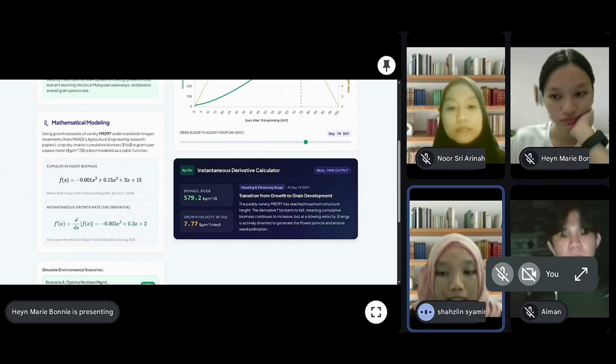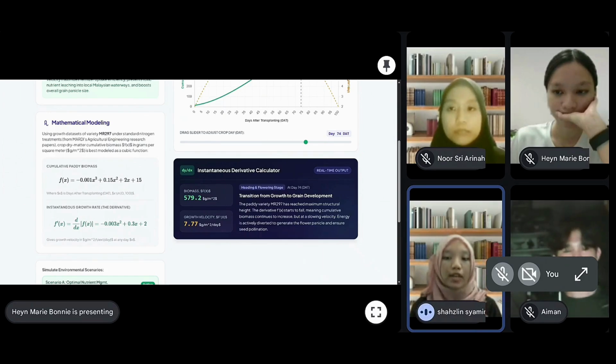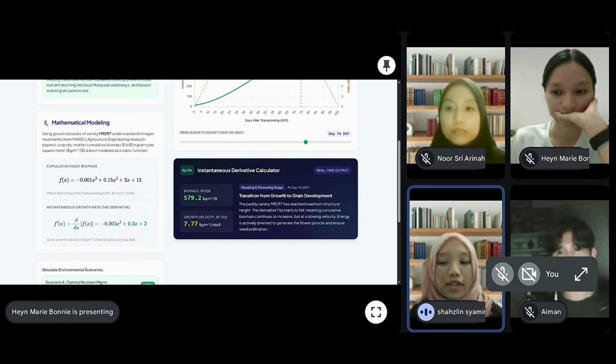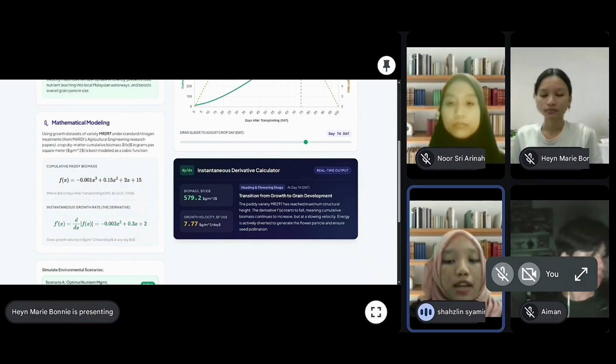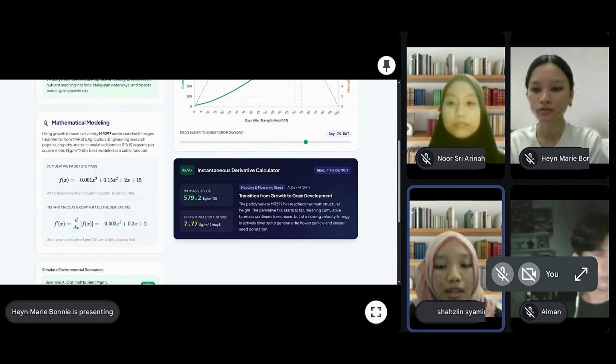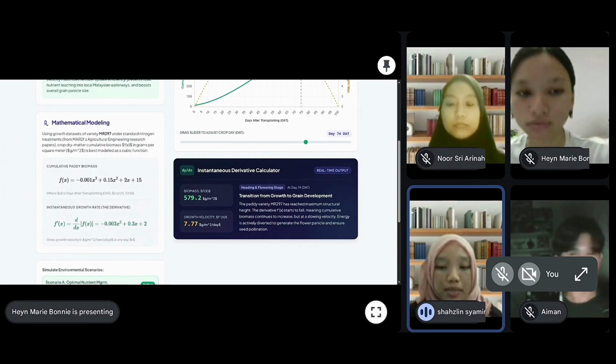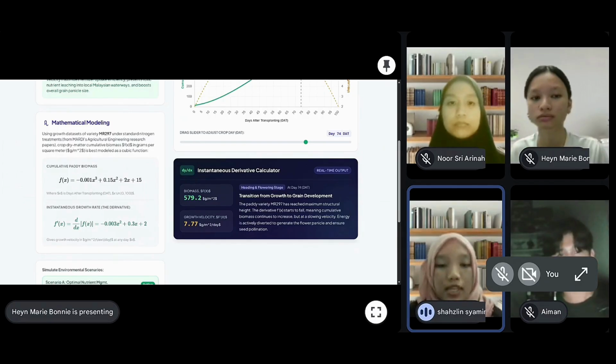If satellite telemetry data detects a deviation from this optimal derivative curve, an automated alert would immediately notify farm managers to adjust their watering or fertilizer system in real time.